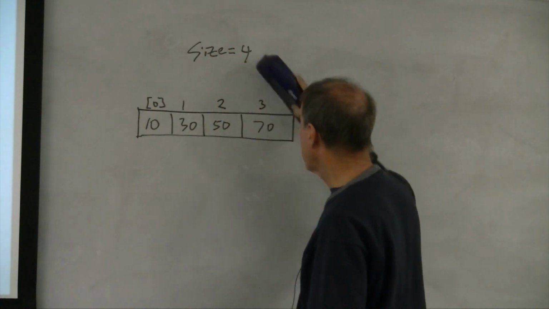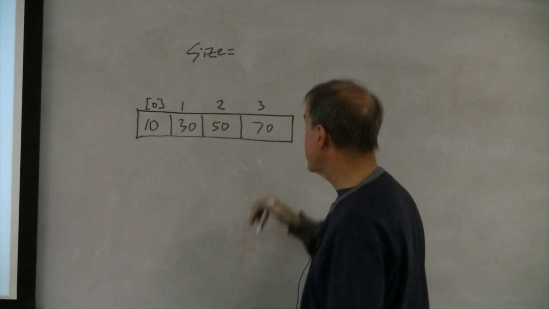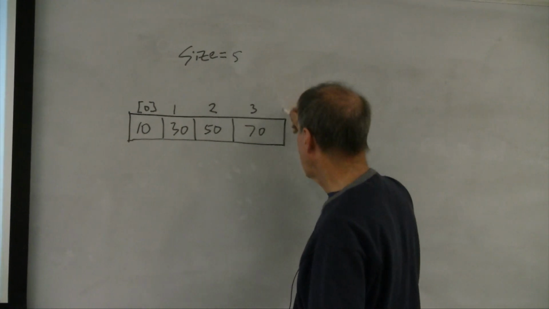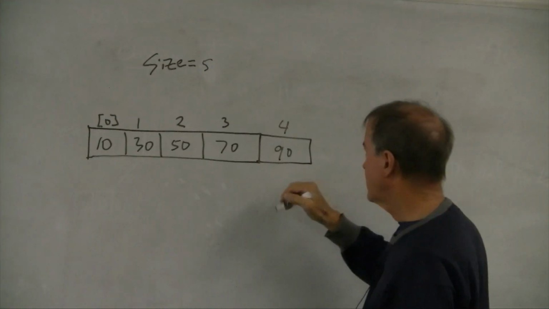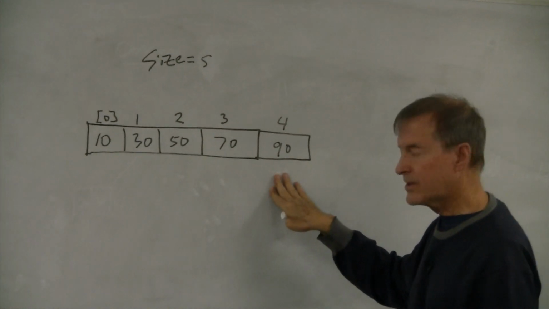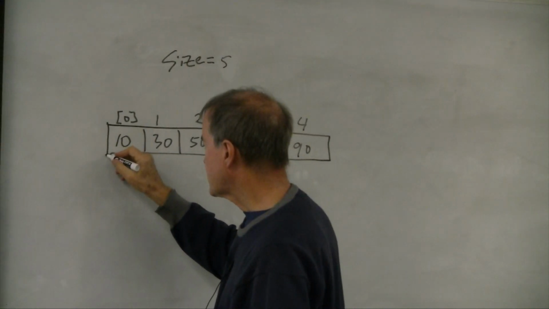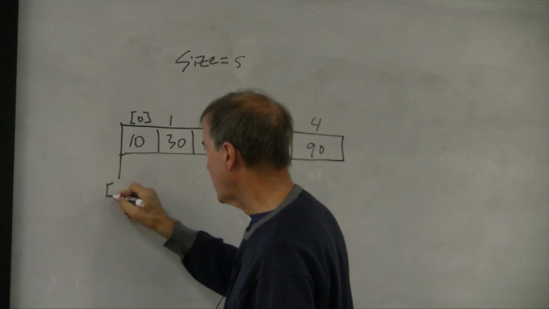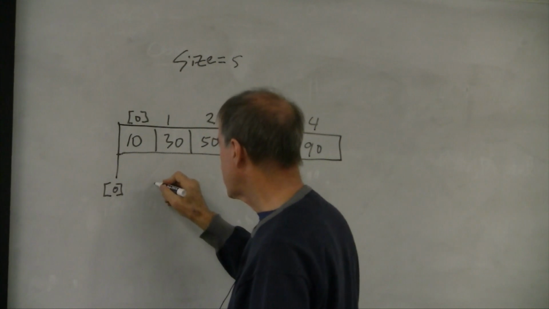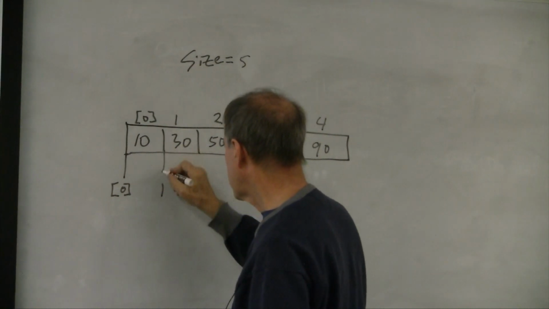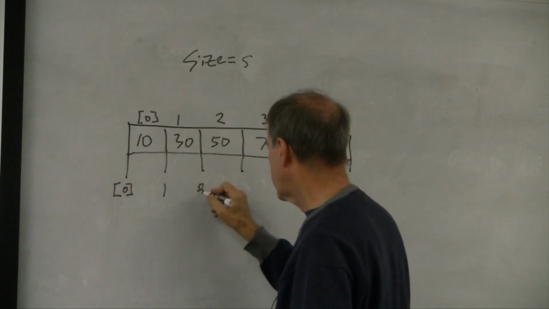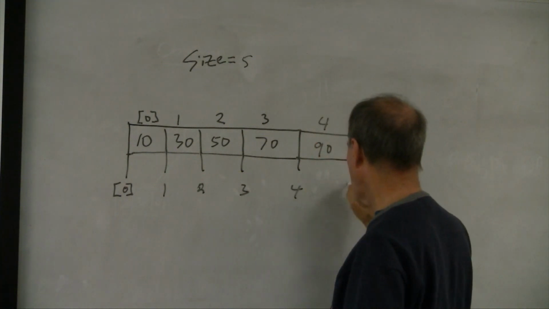Actually, let's make it one more. Let's have this be size equals 5, and let's put a 90 in here. Okay, is everybody with me on this? And this is child, what is this child? This is child sub 0, and this is 1, and this is 1, 2, 3, 4, 5.